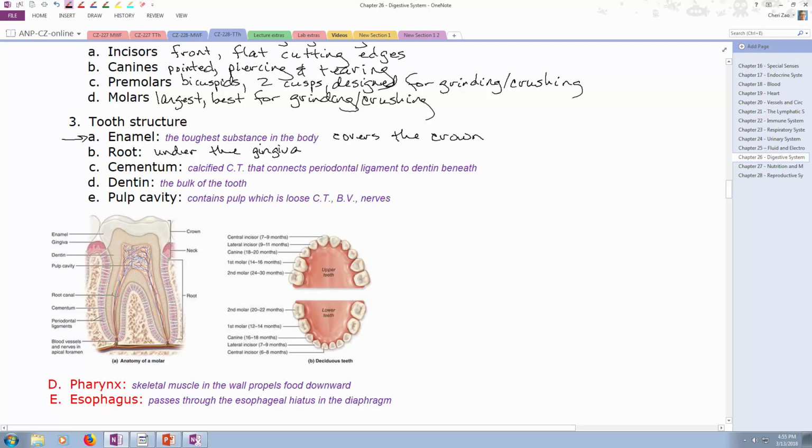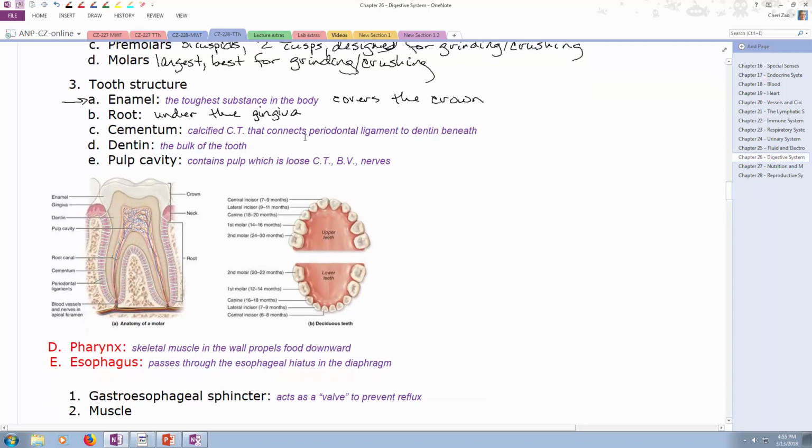And whenever the gingiva is inflamed, that's a condition called gingivitis, which will lead to tooth loss if not taken care of. Then as we move in and take a look at the area around the root, we find a material called cementum, which is interesting. It's calcified connective tissue that is going to connect the root of the tooth to the periodontal ligament.